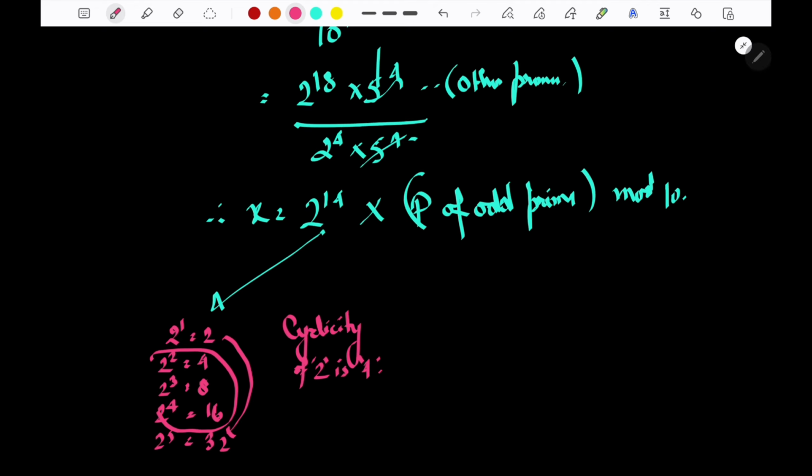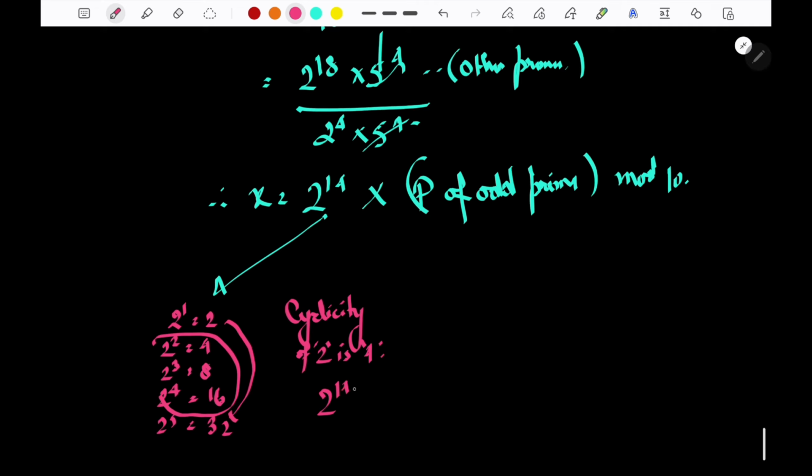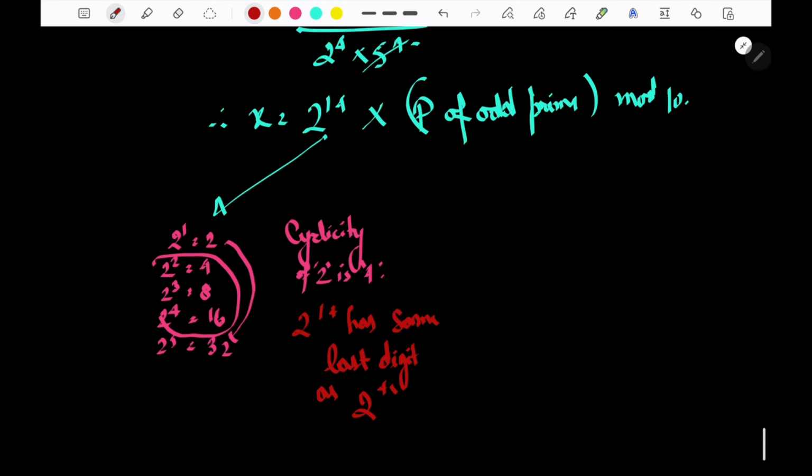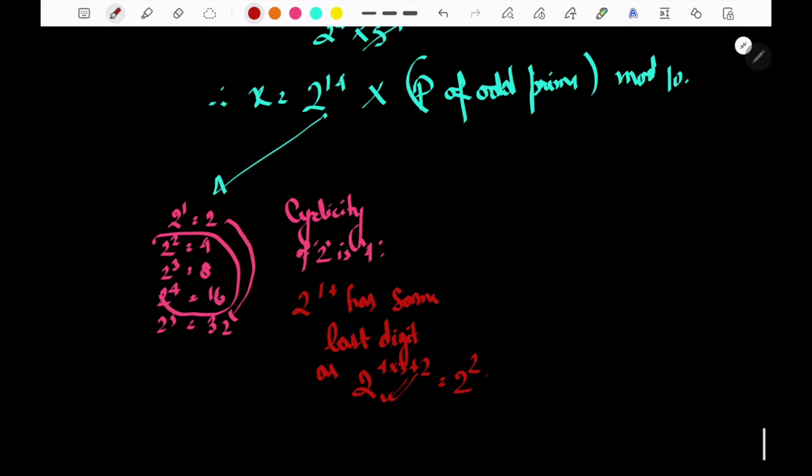So 2 to the power 14 has the same last digit as 2 to the power 4 into 3 plus 2, which is 2 to the power 2, that is 4 mod 10. Done.